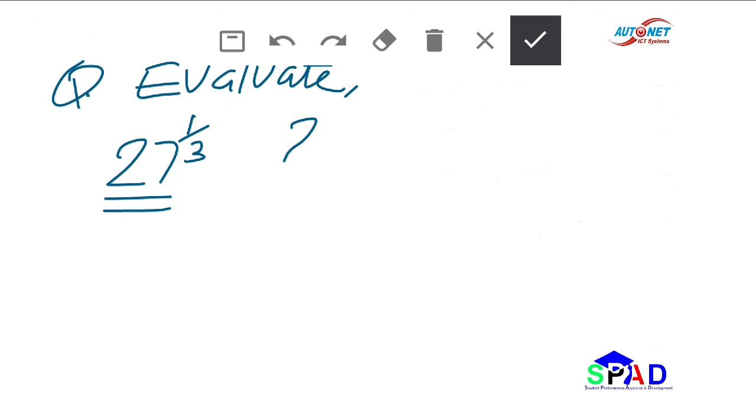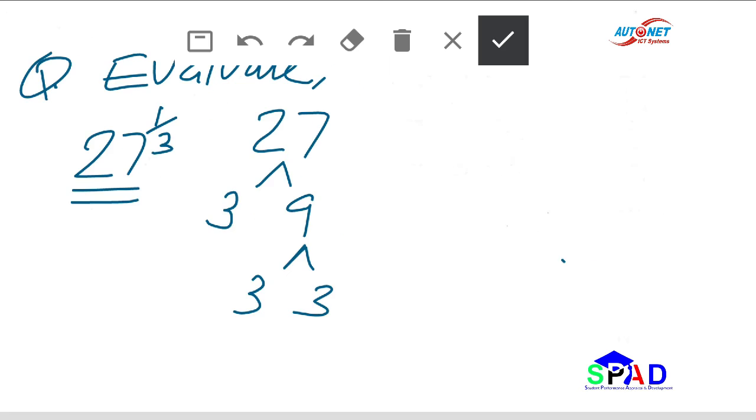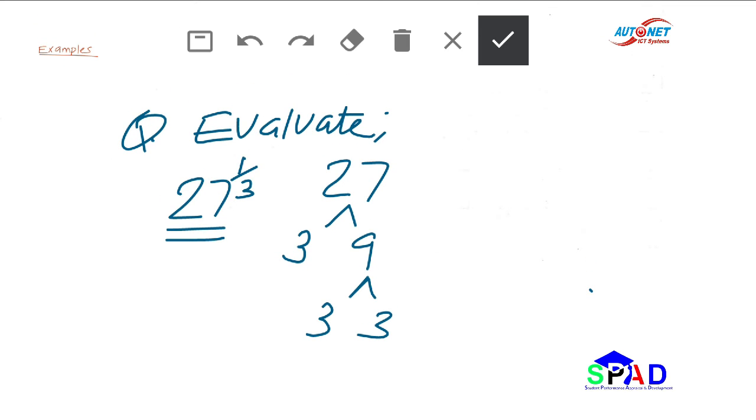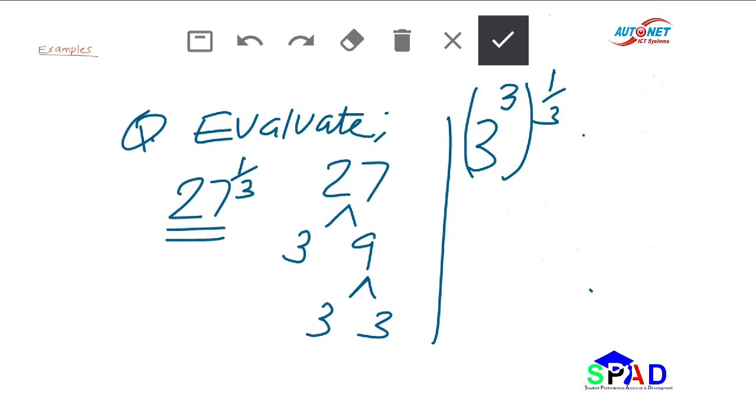Using the factor method, 27 is 3 times 9, and 9 is 3 times 3. So instead of having 27, we shall simply have 3 multiplied by itself 3 times, that means it's 3 cubed. So 27 is 3 cubed, but remember it is 27 raised to power a third. So instead of 27 raised to power a third, that is simply going to be 3 to power 3 raised to power a third.